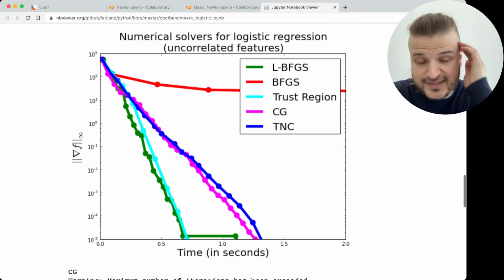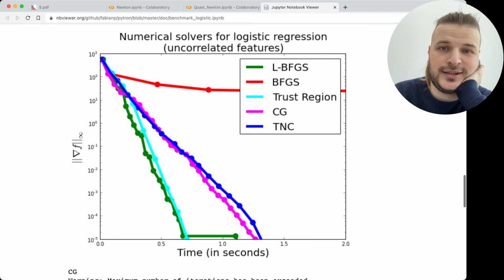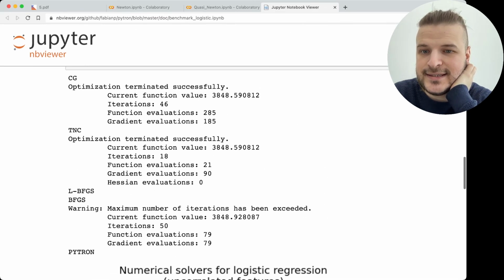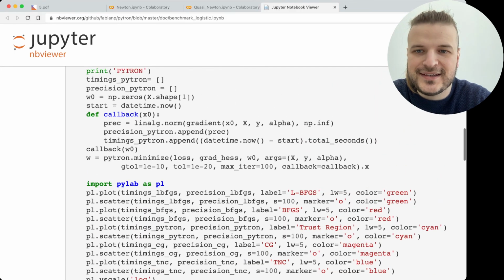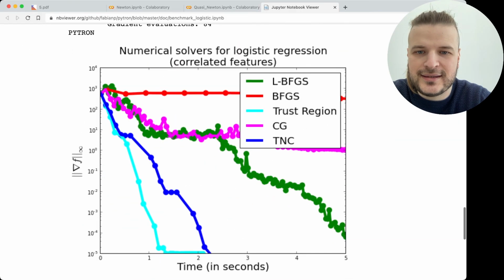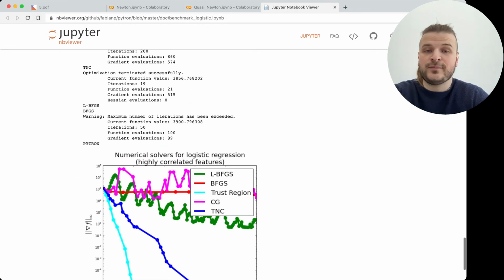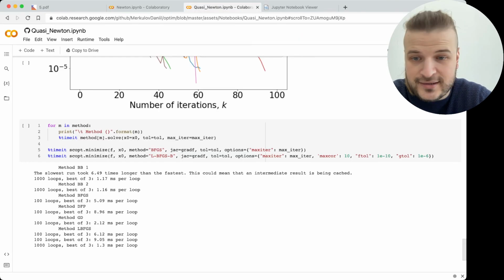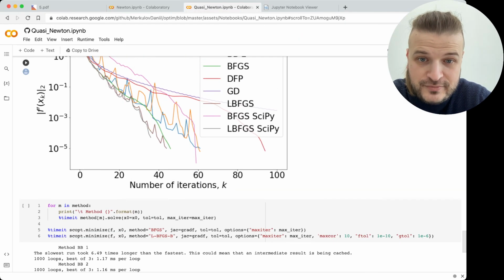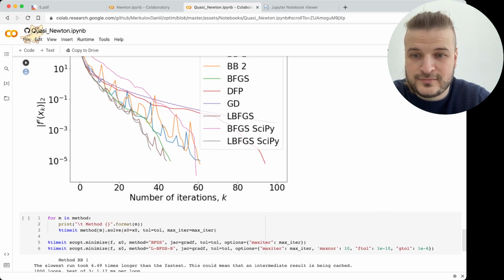The trust region method is some modification of the Newton method. And actually, I don't know what TNC is here. It's interesting that for different problems, different methods behave differently. That's obvious, and you have to compare them.